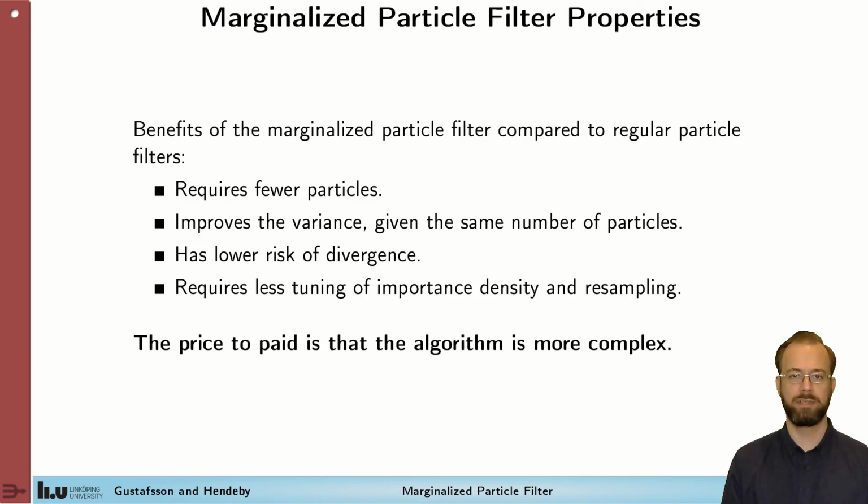The price we pay for this is an algorithm that is more complex to implement. So this is a trade-off. Is it worth adding some more complexity to get this, or is it better to run with the particle filter? It's up to each situation to judge that, but in many cases, this is a good alternative.